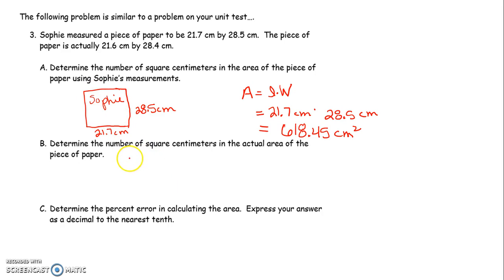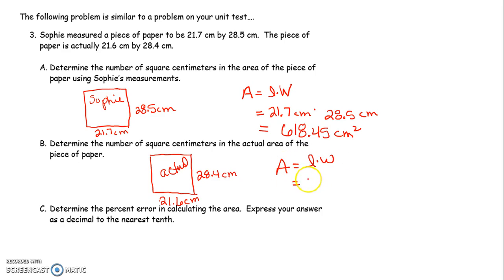All right, great. Now determine the number of square centimeters in the actual piece of paper. This is the actual, same piece of paper. Her measurements were just off. The actual piece of paper, the packaging said, was 21.6 centimeters by 28.4 centimeters. Area is length times width or your base times height. 21.6 centimeters times 28.4 centimeters.